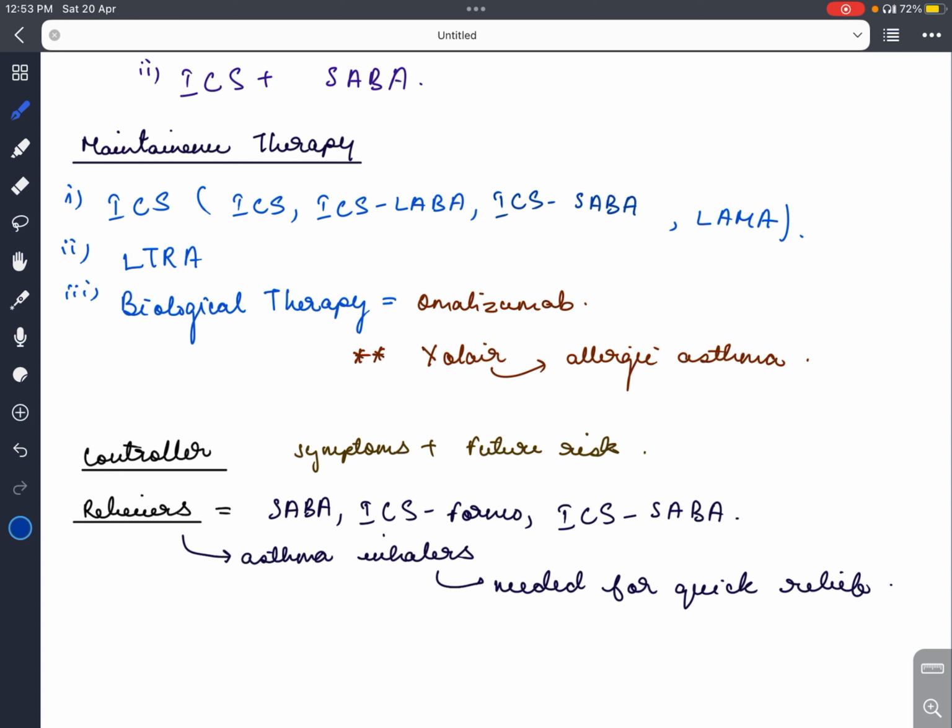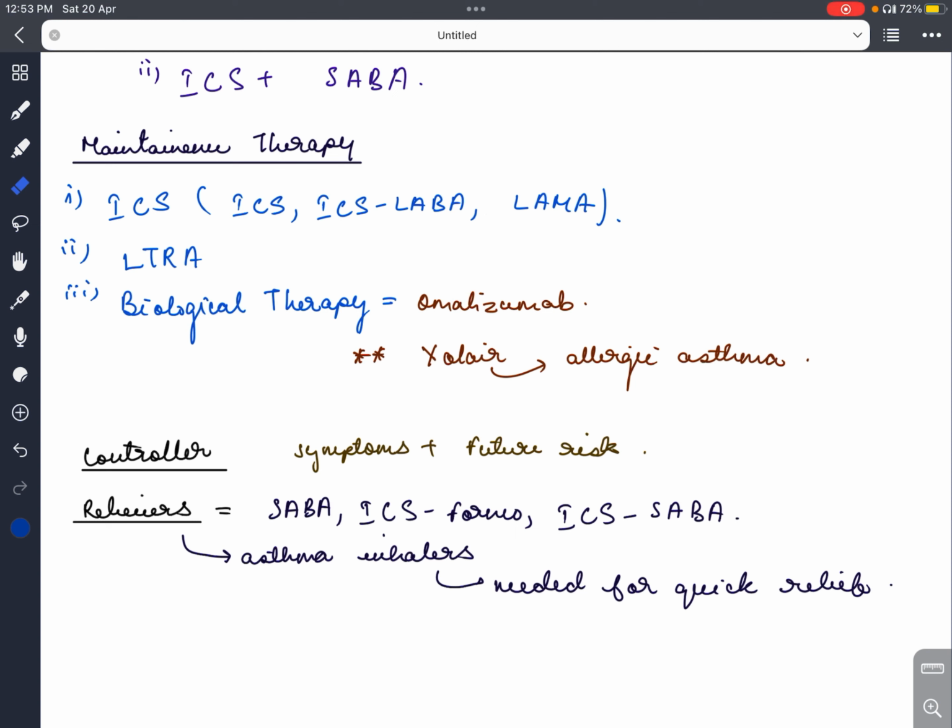Now you can actually erase this ICS SABA from here, because the ICS SABA combo we basically use as a reliever, not in maintenance therapy. So you can delete this over here. In maintenance therapy, we have ICS alone, or ICS plus LABA, or LAMA drugs.